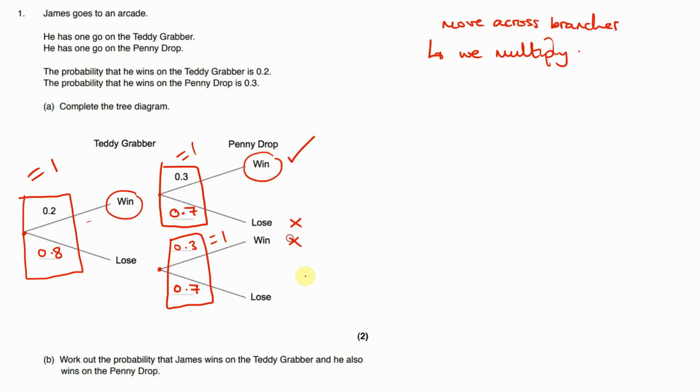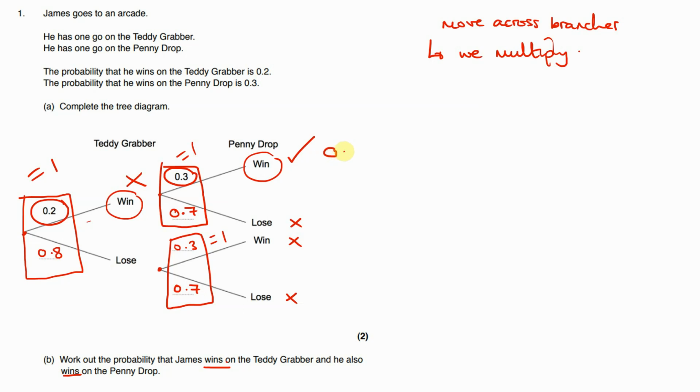These paths I would put a cross by because that's win, lose, lose, win, and lose, lose. That's not what we've been asked. We've been asked for win and then win. So to calculate this, we do 0.2 times 0.3, because we're going across the branches.